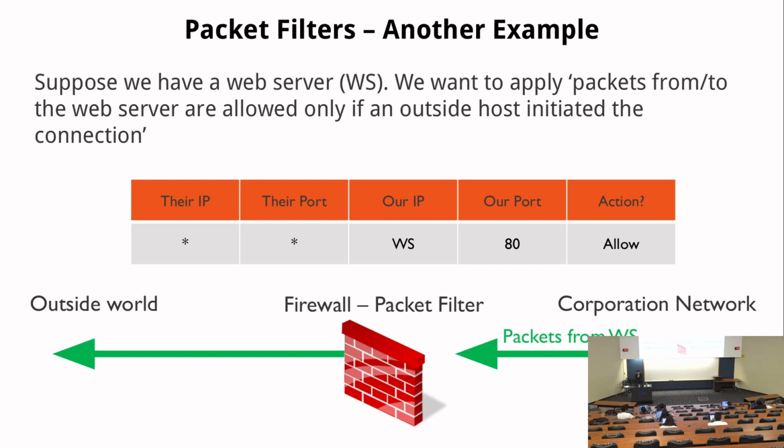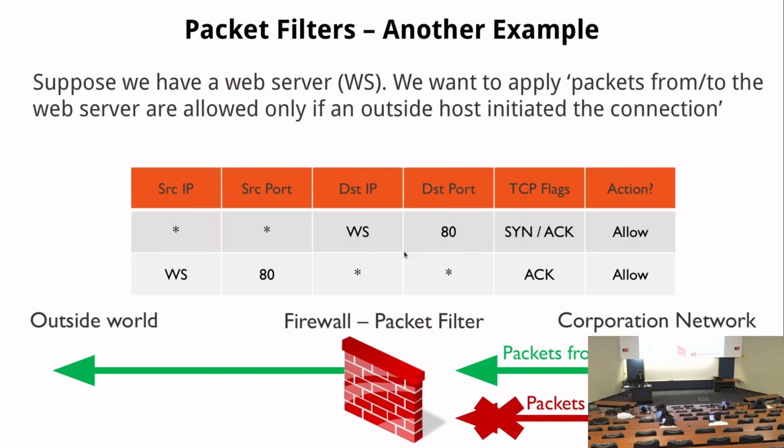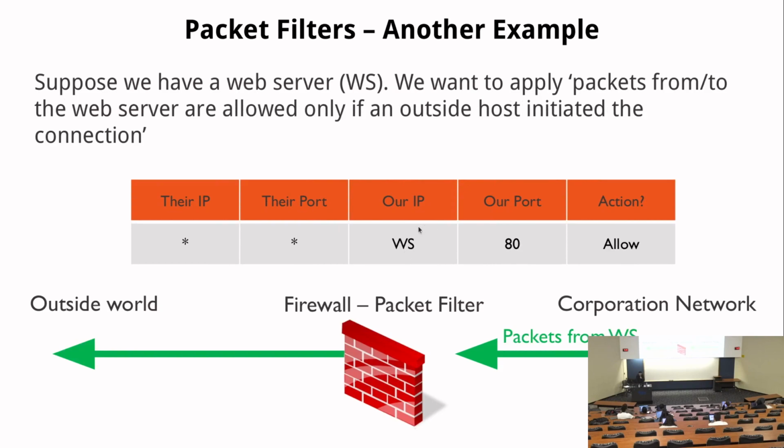So the policy can be something like, first of all, this is a web server, so the port number will be 80. Then the IP address would be the web server's IP address. This is a simplified policy, and this policy cannot really achieve this goal: packets from a website are allowed only if an outside host initiates a connection.